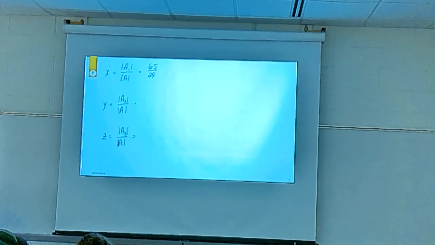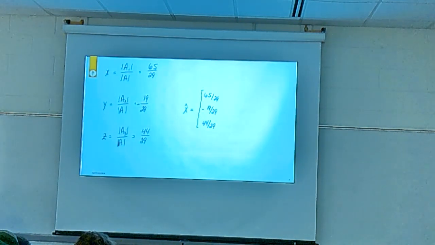A2 is 19, so 19 over -29. Determinant of A3 was -44. So that should be our solution.